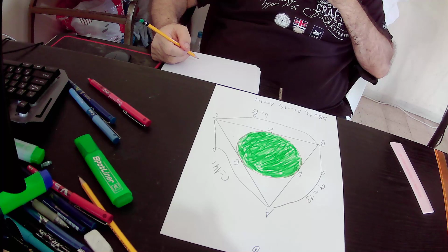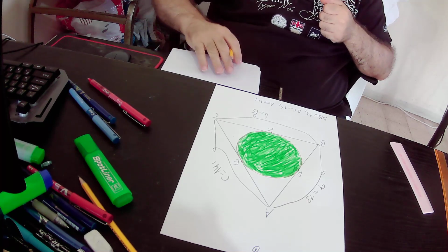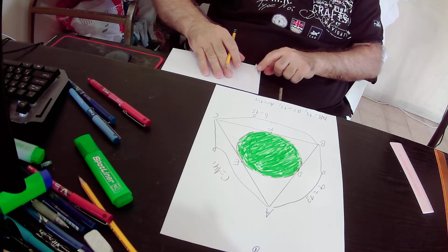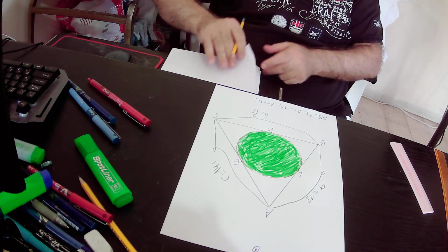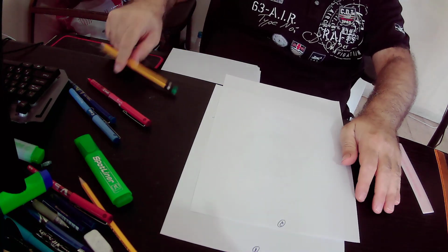Okay, and we will define a new term, that is the semi-perimeter of a triangle. So what is the semi-perimeter of a triangle?